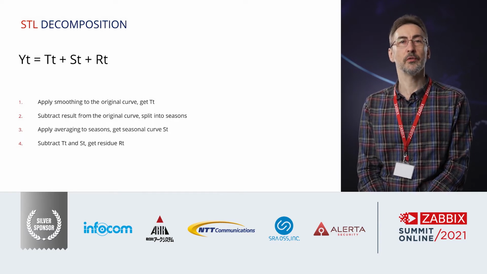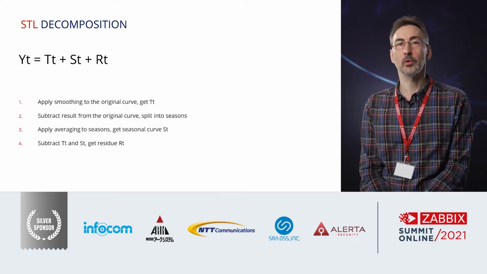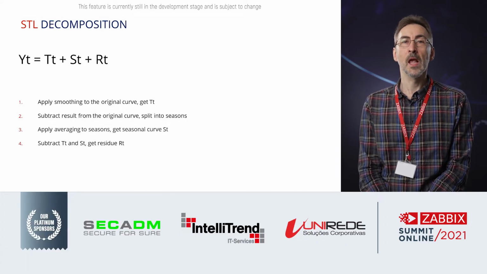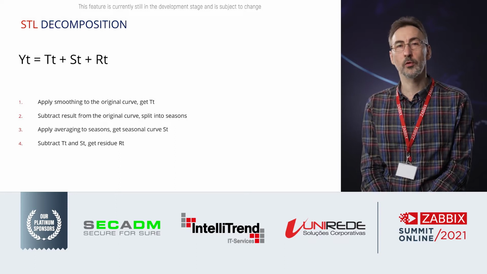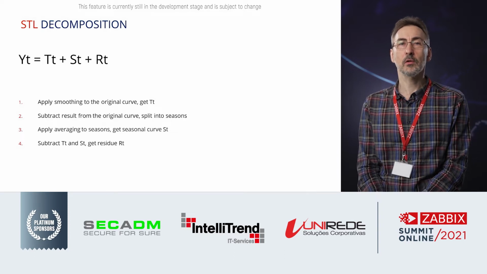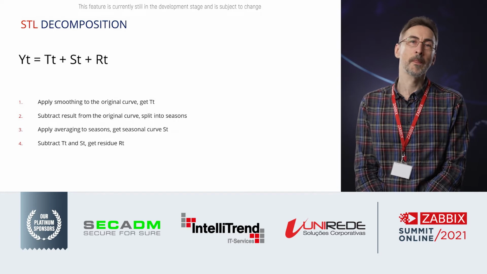The steps are the following. First, we apply a smoothing algorithm to the original curve, and this way we get a trend curve. The smoothing algorithm should be resistant to any sharp value changes. Second, we subtract the trend curve from the original curve and split the result into seasons.